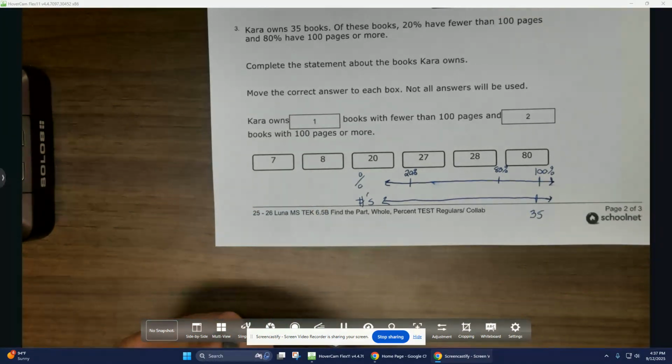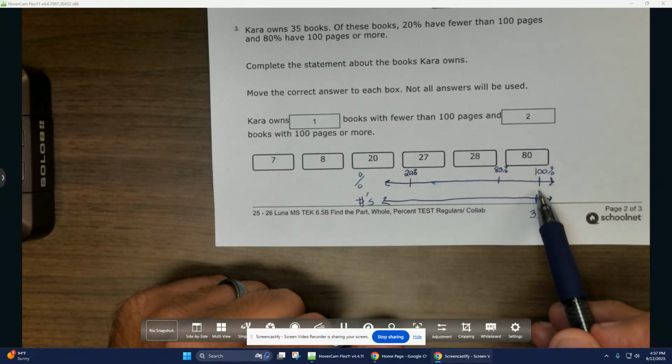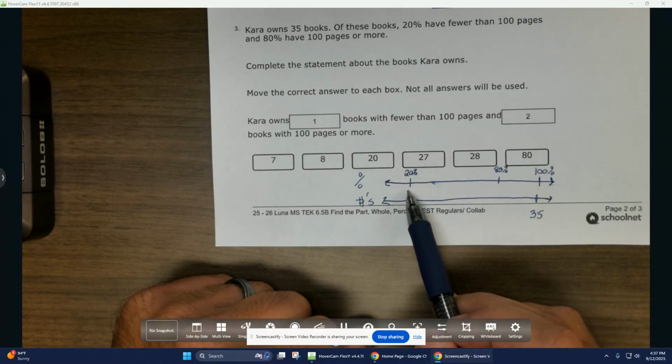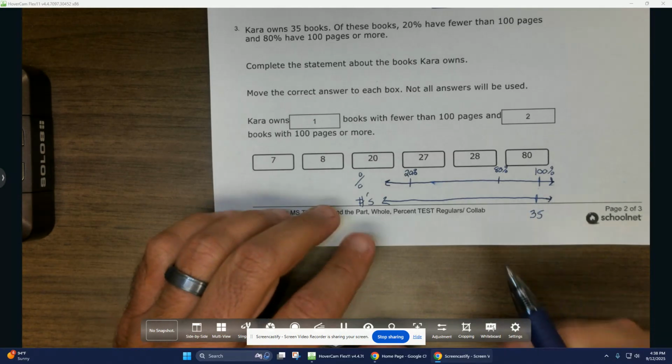Well, guys, I'm actually going to use the double number line on this one. In my last video, I mentioned to the students that you cannot start a race at the end. You have to start at the beginning. Well, here's my pattern. I'm going to count by 20s until I get to 100.